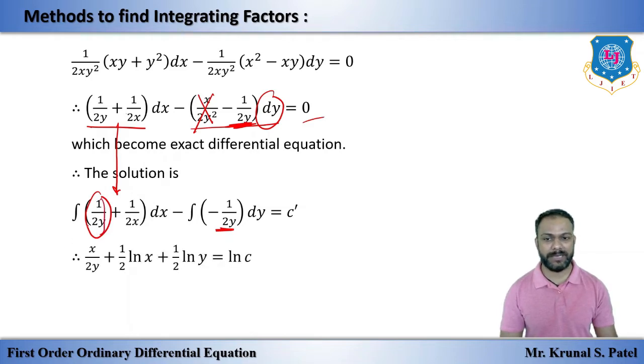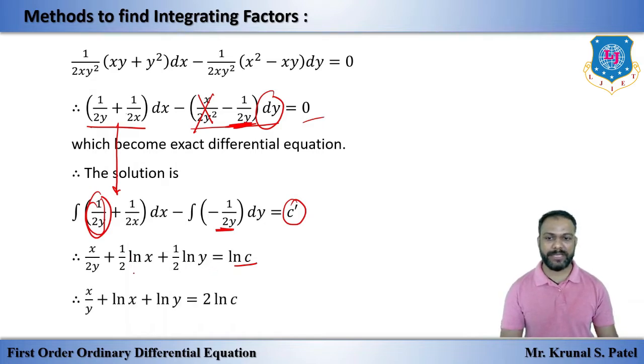So x multiplied with this, 1 by 2 constant ln x, minus minus plus 1 by 2 ln y, and we will take c dash as ln c, as I told, because whenever we have ln in the integrations, we will put the constant as ln.